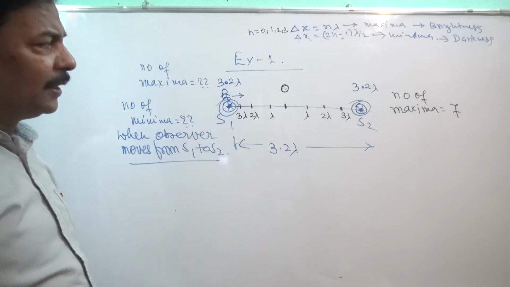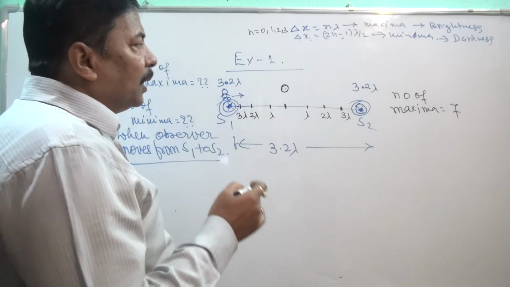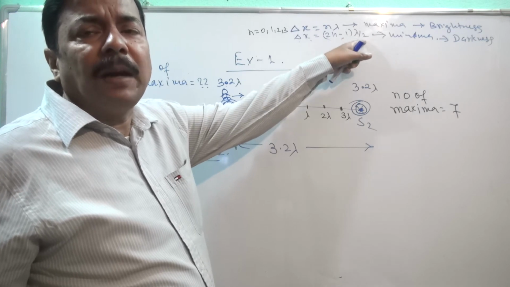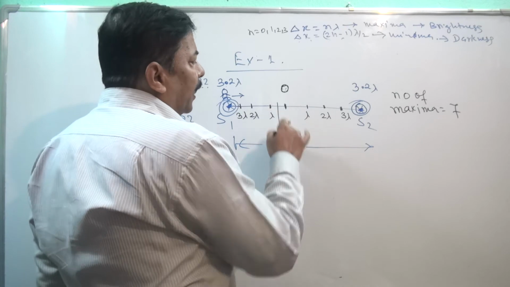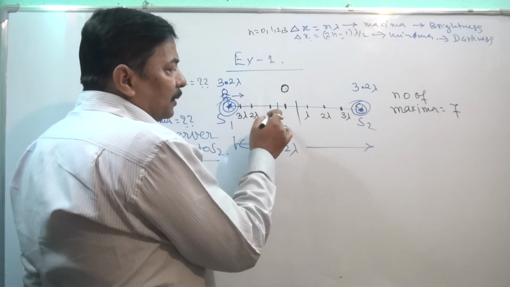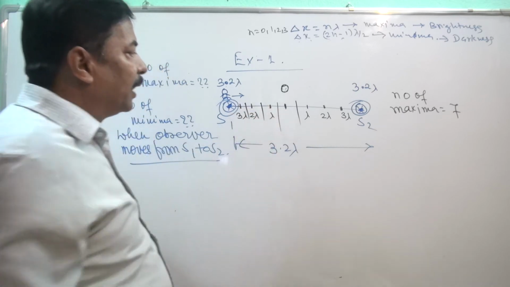If I change it and make it for the minima, then for minima we have lambda by 2, 3 lambda by 2, 5 lambda by 2, like that. So 1 lambda by 2 we can get here, 1 lambda by 2 we can get here, that means 1.5, 3 lambda by 2 we will get here, and 5 lambda by 2 we will get here.